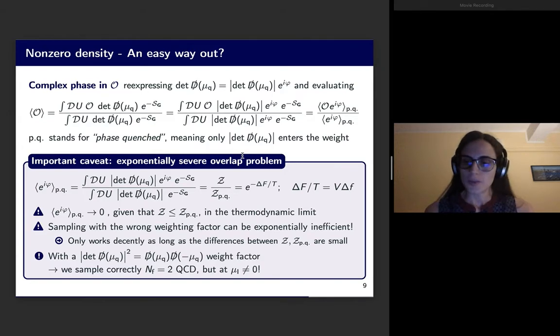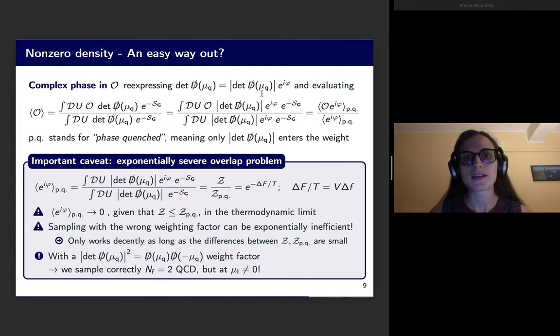And a natural question then that comes to mind is whether there is an easy way out of the complex action or sign problem, because one can think about the expression for a generic expectation value of any observable O, and one can think of re-expressing that integral in a way that the determinant is split into a modulus, which is real, and a phase.